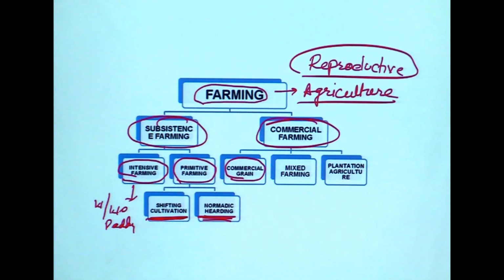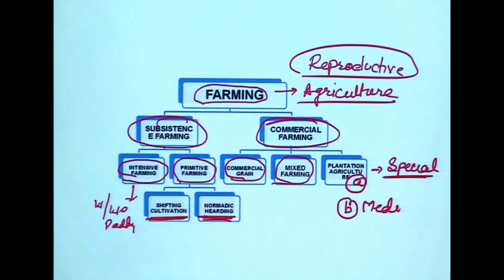Commercial grain, mixed farming. And in place of plantation, I'll say specialized. And specialized will include A, plantation, B, Mediterranean, and C, horticulture with truck farming.